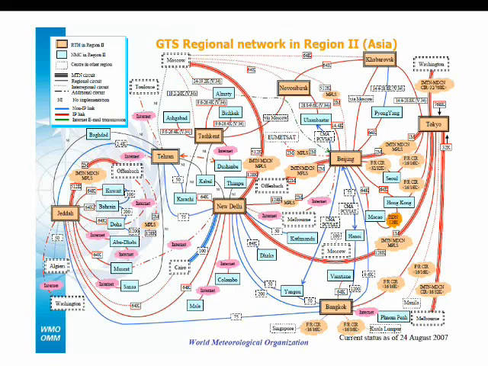But we established two strategies. One is the migration to TCP/IP base, and the second one is moving from high-cost leased line circuits to cost-effective networks. So we tackled such a strategy. This is the status as of last August.